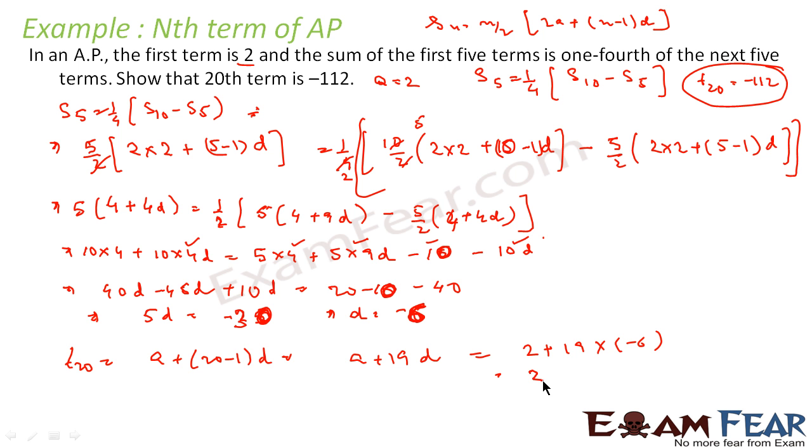So this becomes 2 plus 19 into 6. 19 into 6 is equal to 114, sorry. And this is minus. This will come minus here. So 2 minus 114, this is equal to minus 112. And that is our answer. So what we have done here, we have just used this equation, found the value of d, and then using the value of d, we found t20 equal to minus 112.